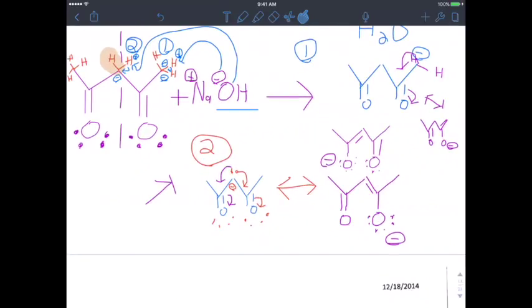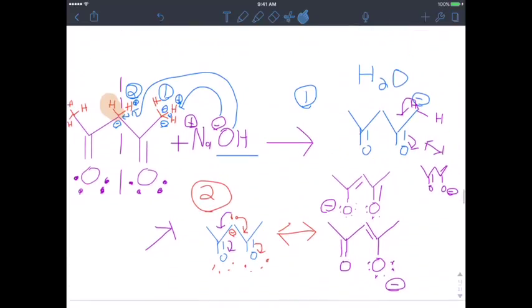A reaction will always follow the more stable product. So we could also say that this hydrogen is more acidic, more reactive, and this hydrogen number 1 is more stable and less reactive.